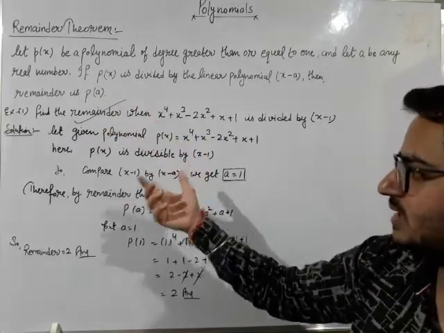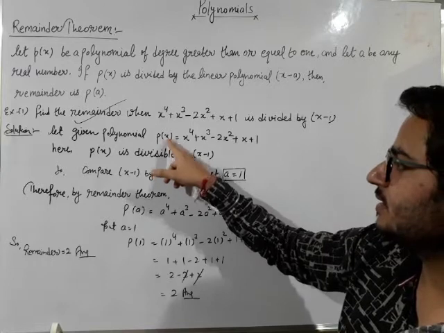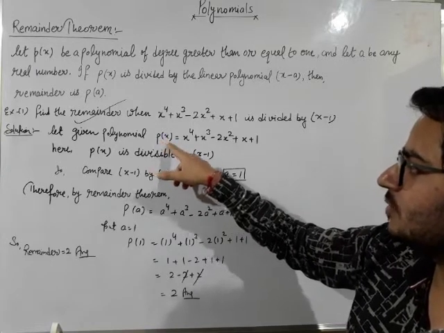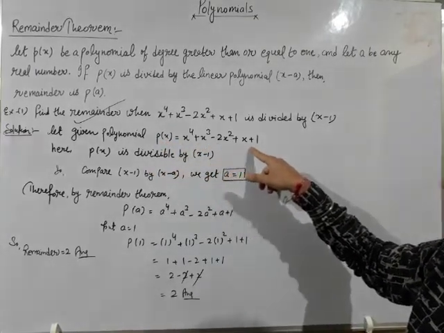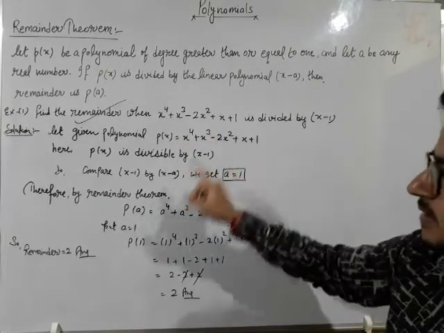So what will we do next? We will replace P(x) by P(a). In this polynomial, wherever you are finding x, you will replace that x by a.